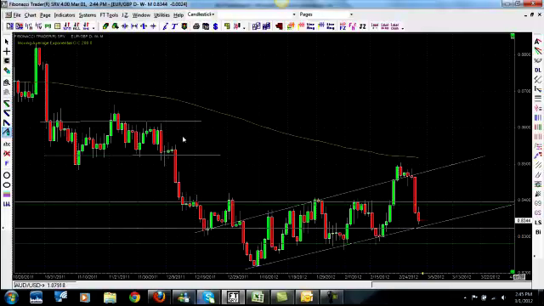Because we're running this little sideways to upwards channel, we're going to pull out our profit right around 84.67. Let's pull back to this, right in this range here. That looks pretty good. Yeah, 84.62.